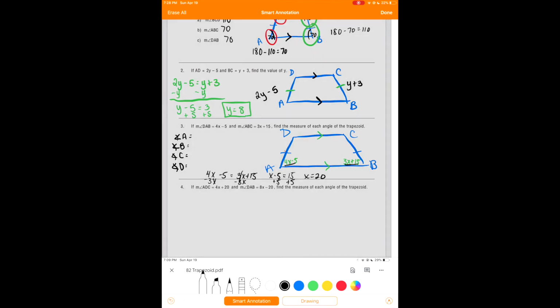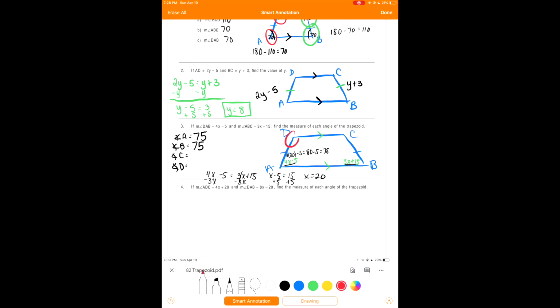So I know x equals 20, and then I'm going to plug 20 in here for x, which you can do in your calculator. So I know A and B have to both be 75.